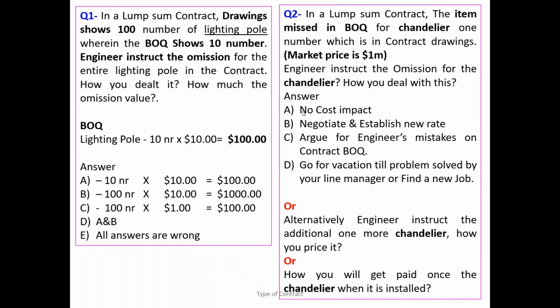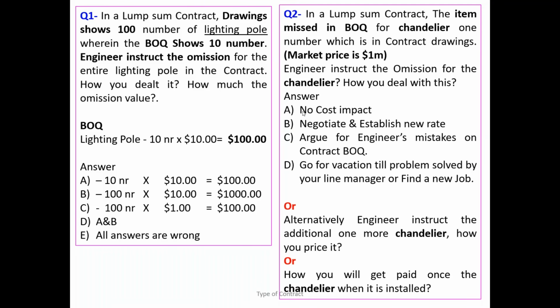The parent is drawing and specification. Now let us understand. If you are under a lump sum contract, do you need to do that particular scope of work, which is the cantilever? Yes or no? You have to do it. Right.